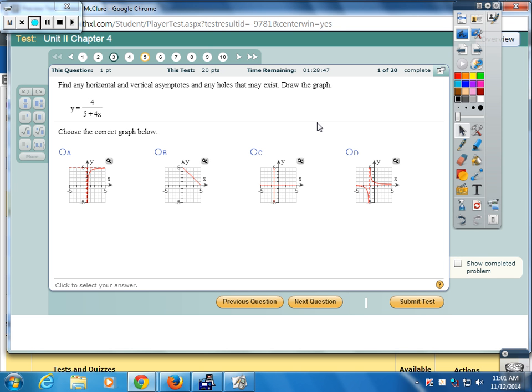Is it positive or negative 5/4? It'd be negative 5/4. So which one is on the left-hand side? C or D. But this is what? It's 1 over x. You could still have this one. I mean, which one do you think it is? D. I think it's D, because this is a straight line. All right?